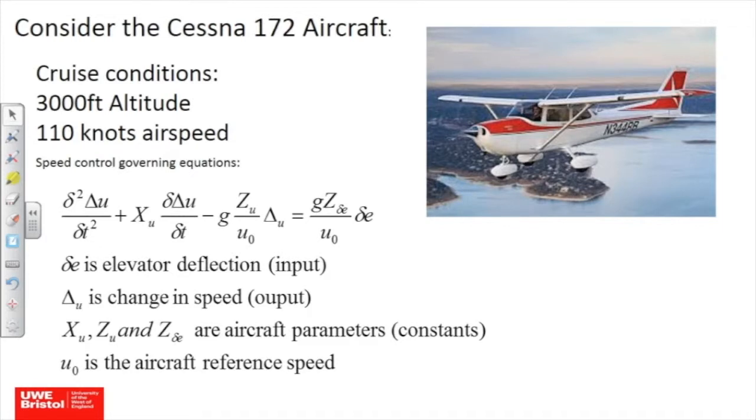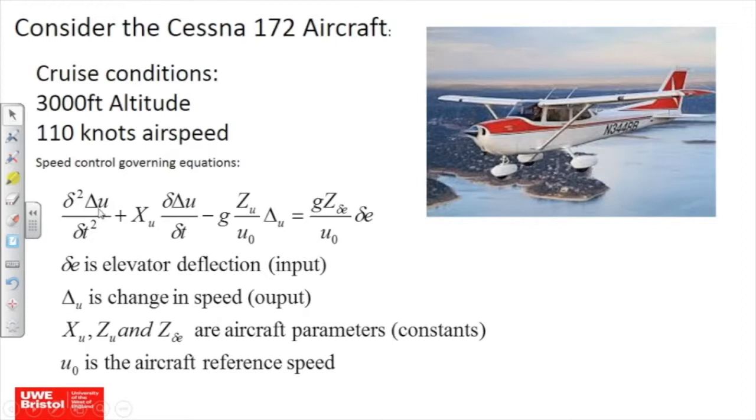Most things when they go downwards will speed up. Okay. So there's a relationship between the elevator position and the speed of that aircraft. If you turn the elevators so it goes nose up, it slows down. This is the equation governing that part of flight.